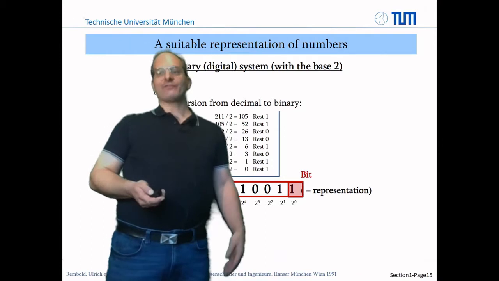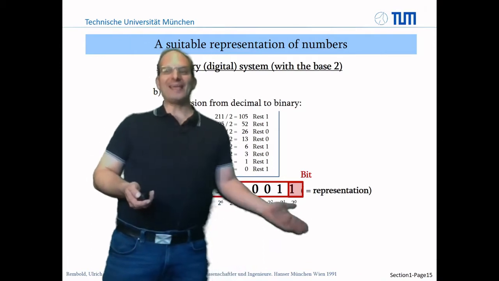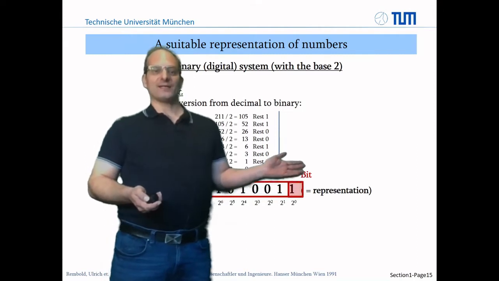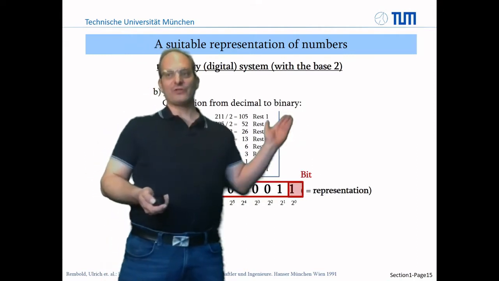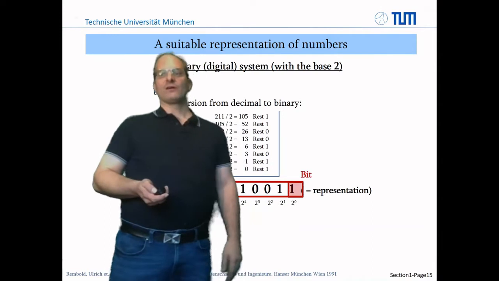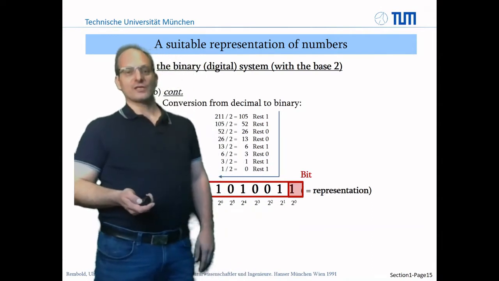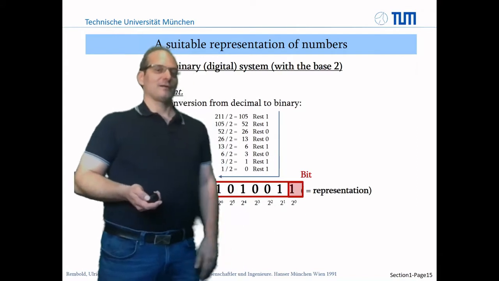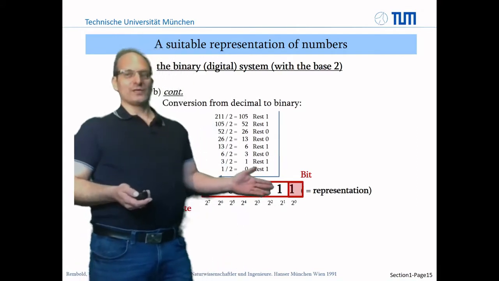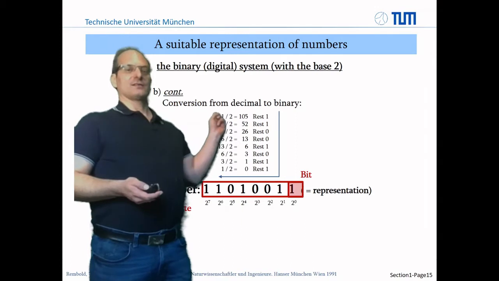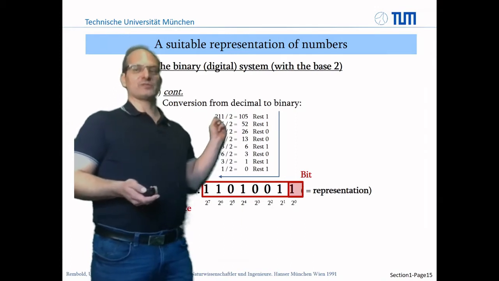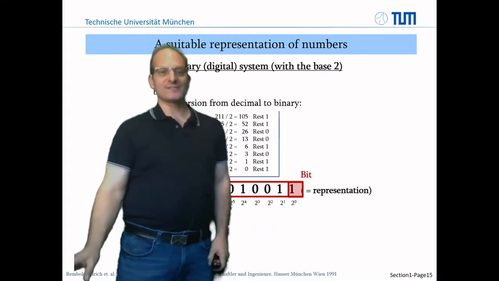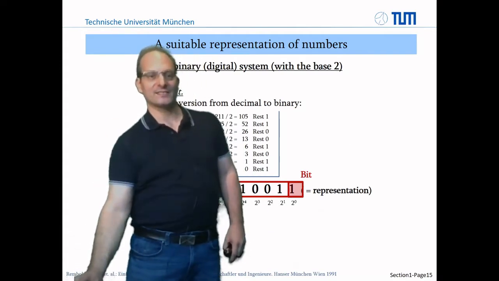So you have seen how easy it is to convert from a binary number to a decimal number. The vice versa conversion is a little bit different. What you do is you take the number in decimal representation and you always divide by 2. So I can show you this in another example.